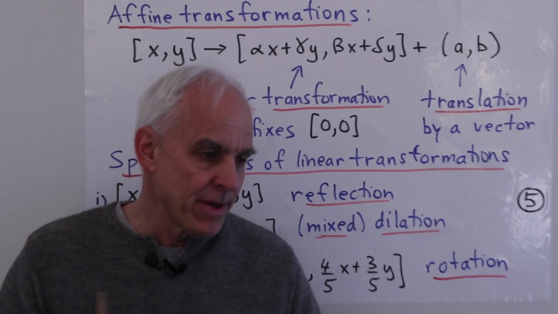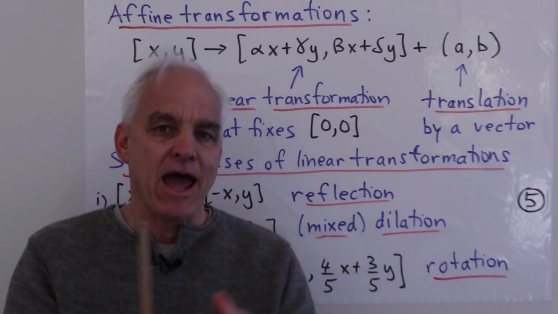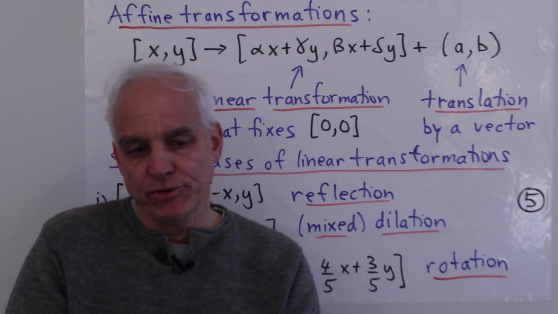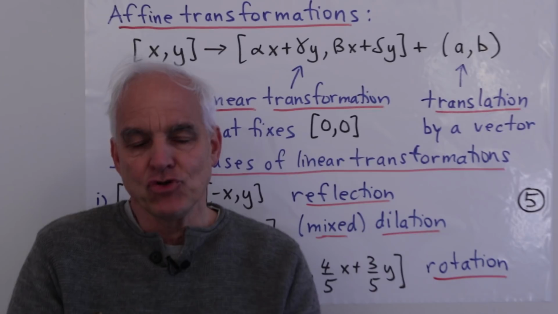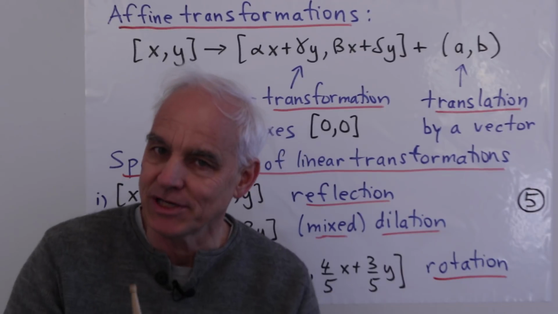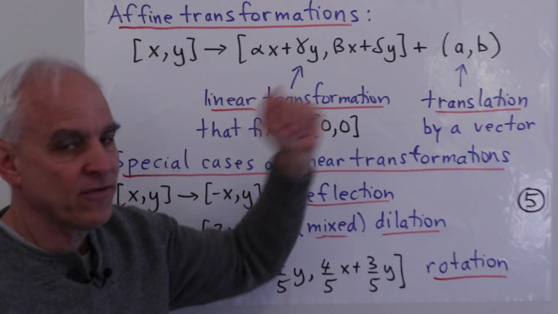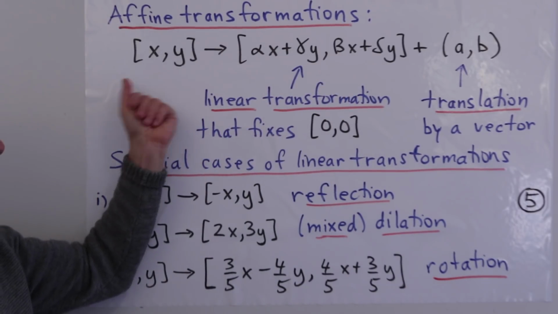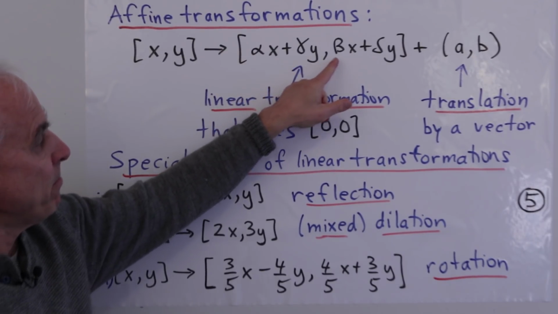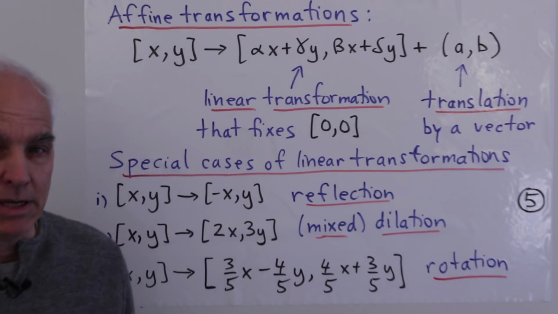Now primarily I'm casting the algebraic calculus as a theory in affine geometry. That's what it is principally. And in affine geometry, the transformations which describe the symmetries of the geometry are called affine transformations. And they are of this form, where a point xy can be sent to a point like this, alpha x plus gamma y, comma, beta x plus delta y, and then plus some vector ab.